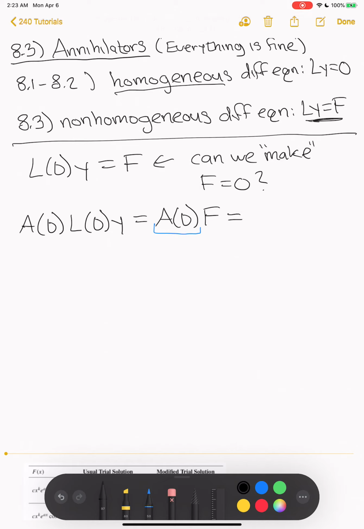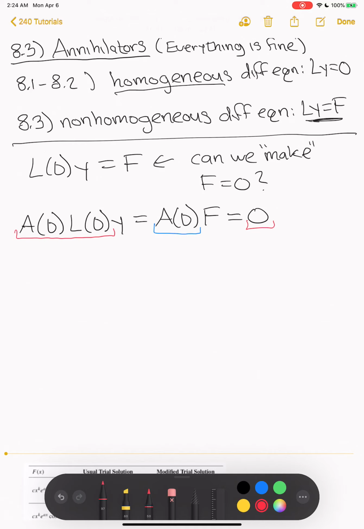So if I can find this A of D, what I can do instead is I can just solve this one here. I pretty much just tack on this A of D operator onto the one they gave me. And then I see it will give me 0. So I can solve it in the way we've been solving all of these things before.